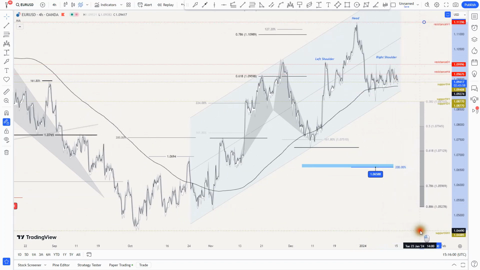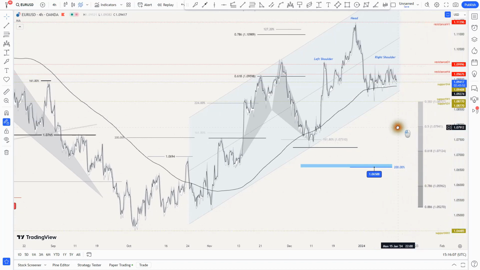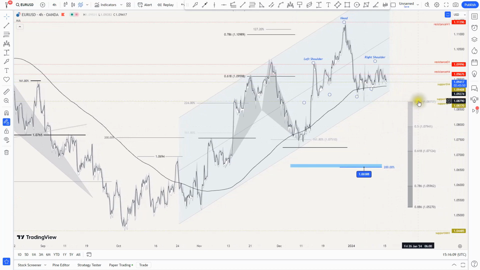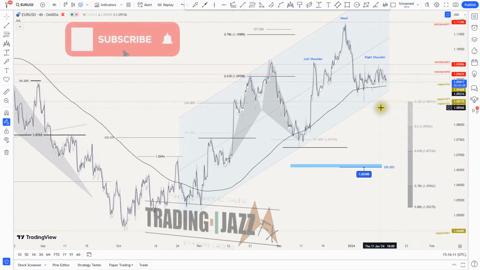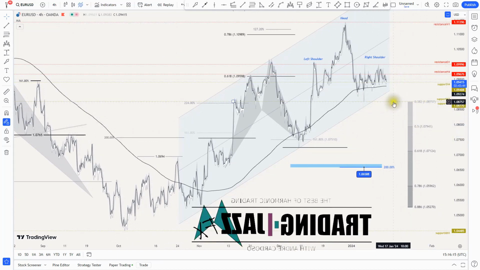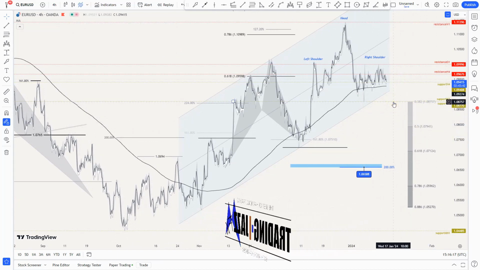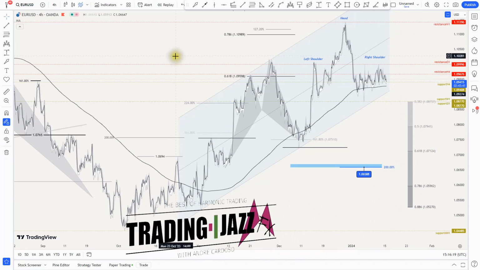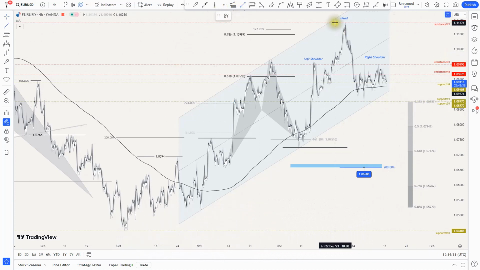So let me try to adjust these levels first of all. This is the major retracement level. This is a Fibonacci retracement. As we can see, we have the 38% Fibonacci retracement acting as a support element. Let's say a violation of these lows may trigger a couple of patterns that we can start to project below.